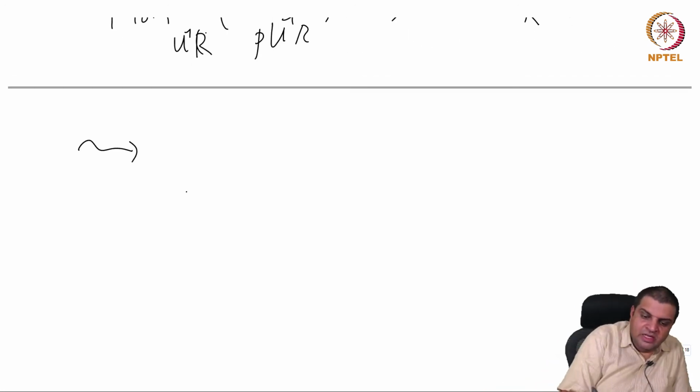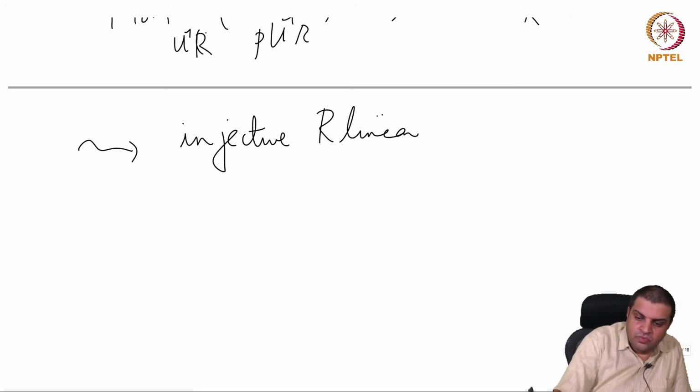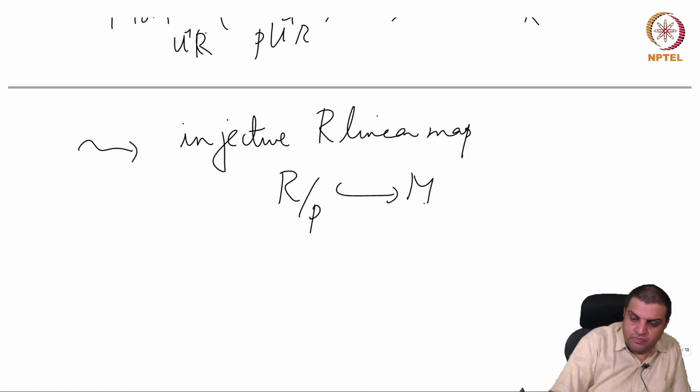And this will give an injective R linear map from R mod P to M. And this now implies that P is associated to M.